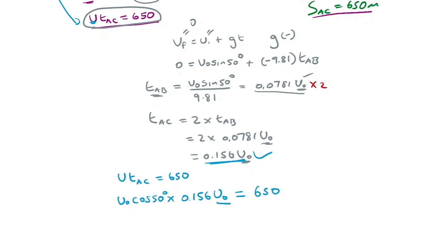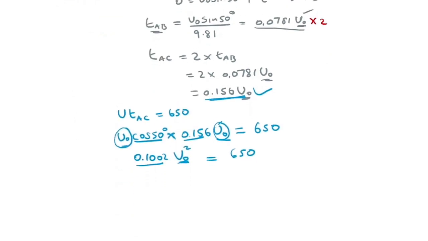Multiplying, we get 0.1002 V initial squared equal to 650.